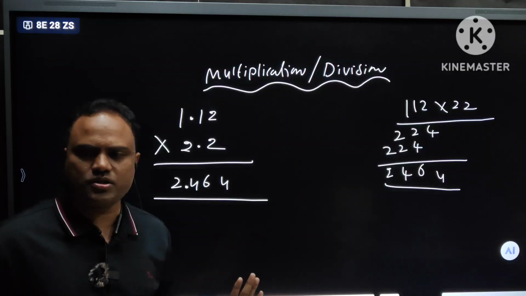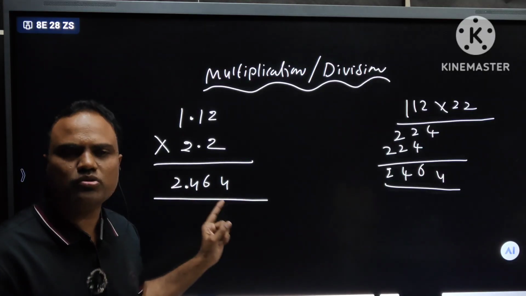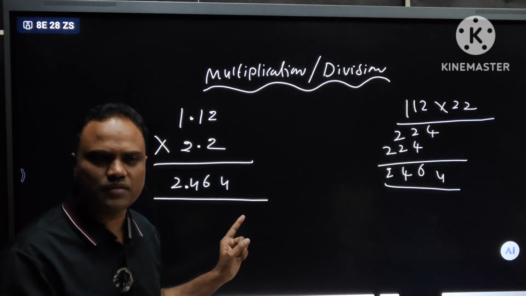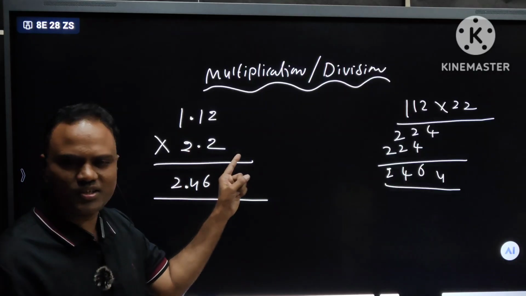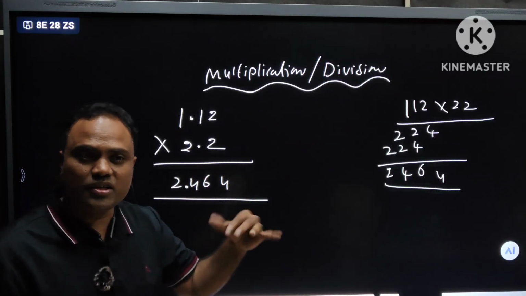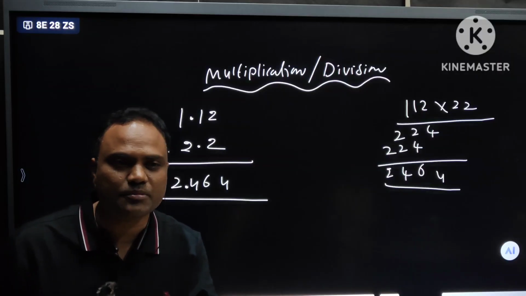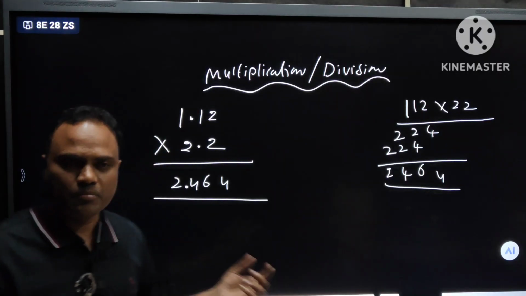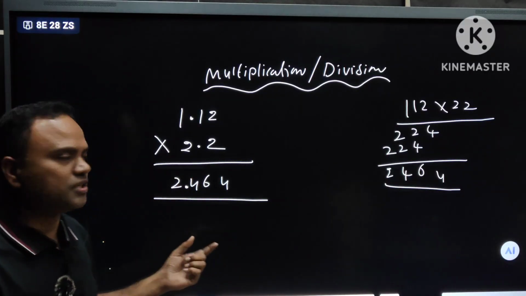During multiplication or division, the final value should be reported to the same significant figures as that of the number with minimum significant figures. Previously we took decimal places. But here the final value should be reported to the same significant figures.